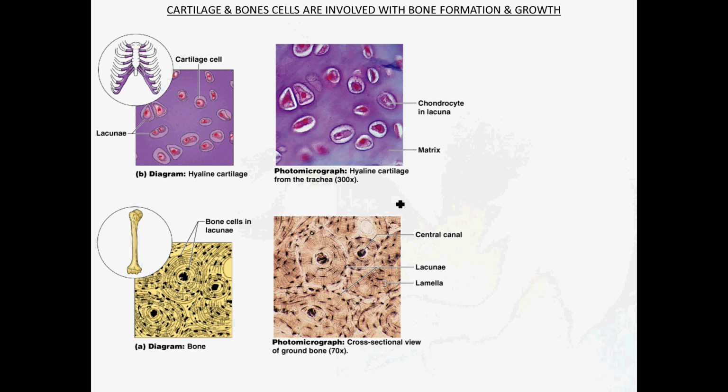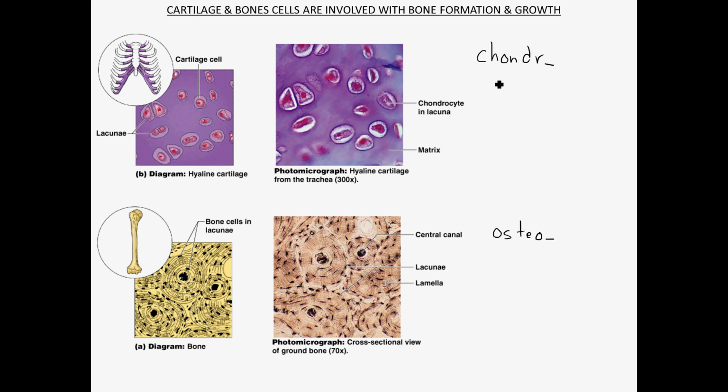So some cells that are involved with this are, of course, hyaline cartilage cells. Some things that we're going to be seeing a lot is this prefix, chondra, which means cartilage, right? And then osteo, which you know from other screencasts means bone.